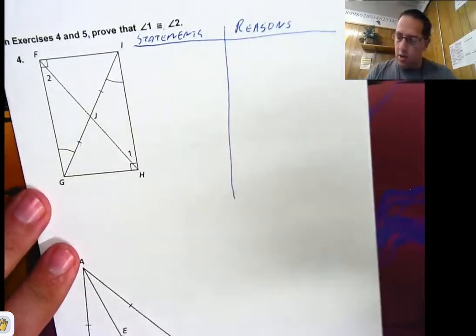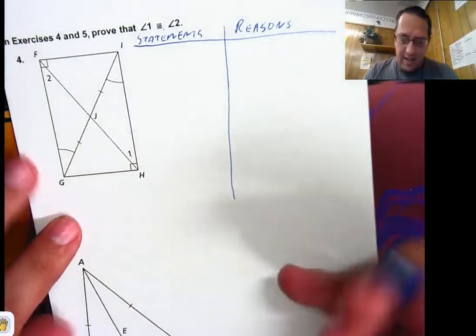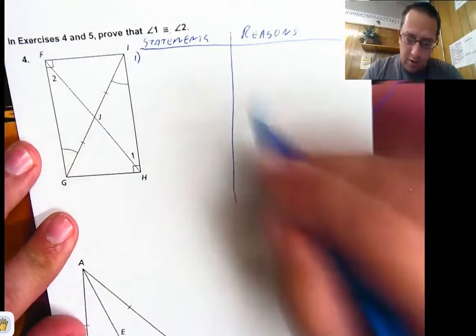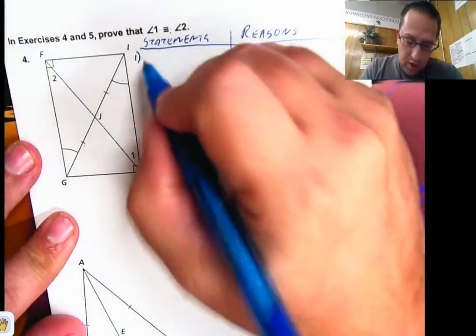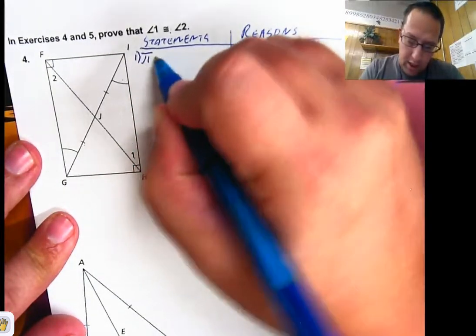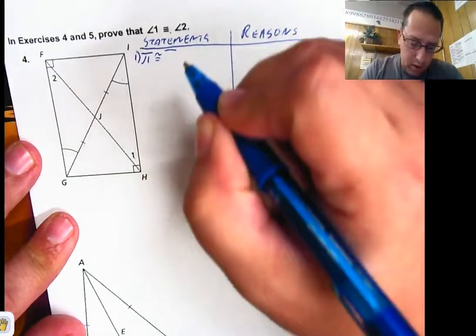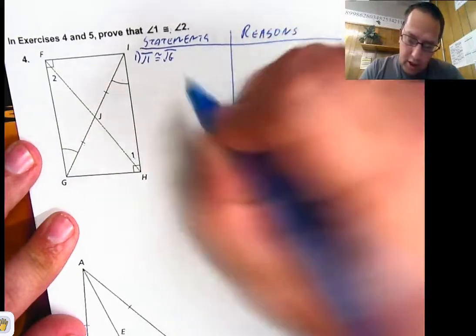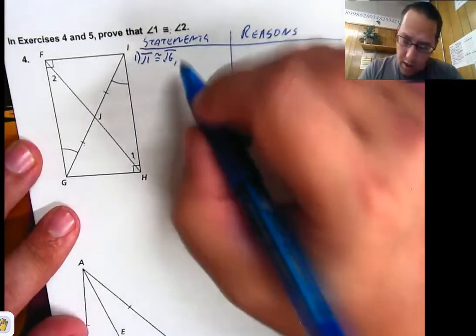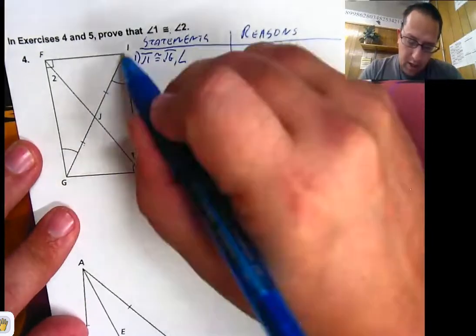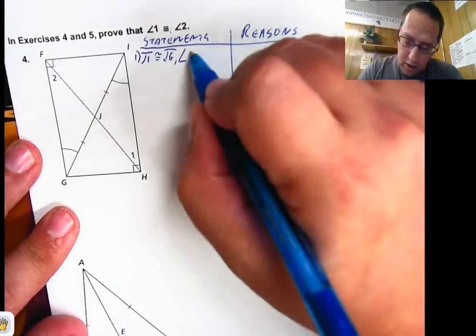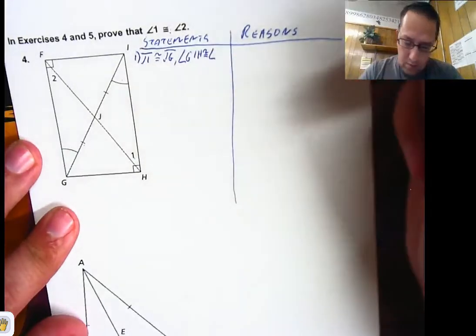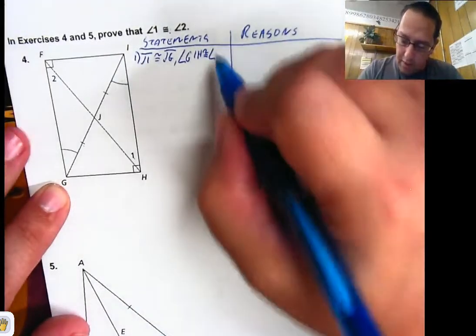Okay, let's see. So let's start by writing out our givens while we kind of think about what we could do here. So statement 1 is all the given information, all the stuff that's already marked in the picture. So that would be segment GI is congruent to segment JI is congruent to segment JG. Let's see, got these two angles there. So angle GIH is congruent to angle IGF.